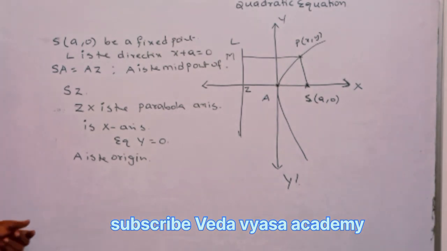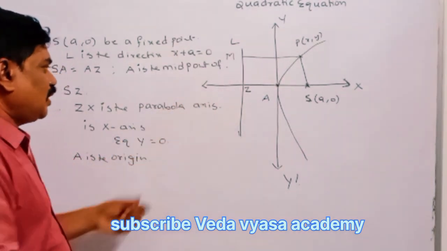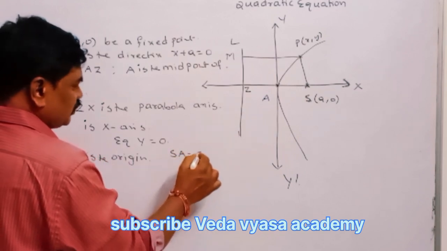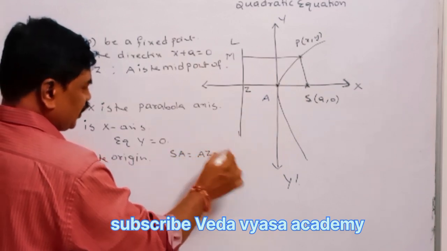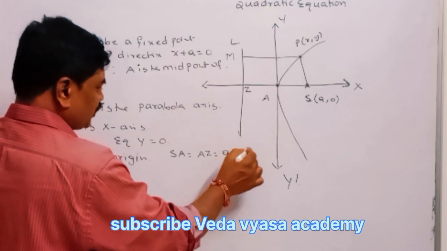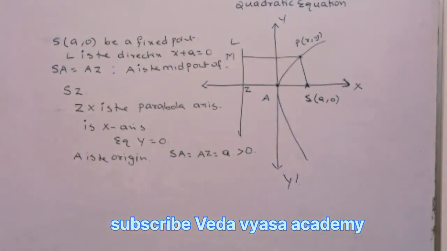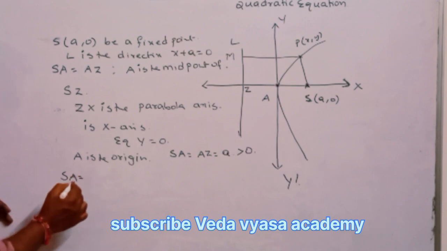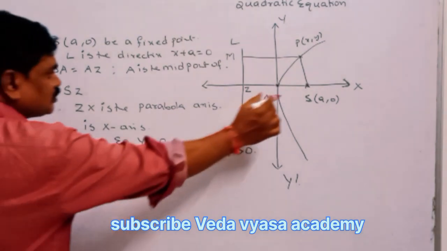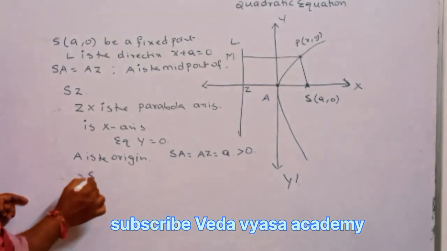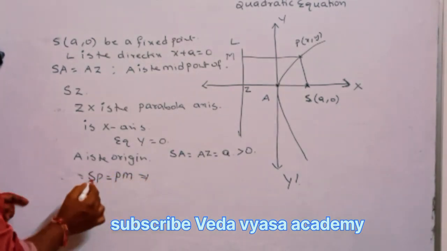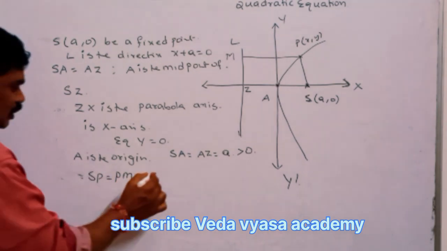Here SA is equal to AZ is equal to a, where a is greater than 0. So by the definition of the parabola, SP is equal to PM.